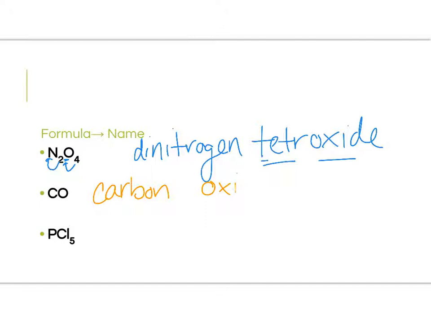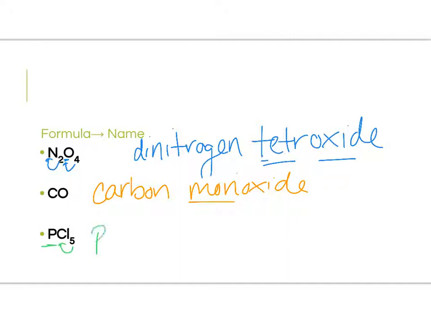So that's going to be 1 oxygen or carbon monoxide. Okay, notice that mono is included in the second element, but not the first element. So mono is important to include, but only when it's with the second element. So carbon monoxide there.